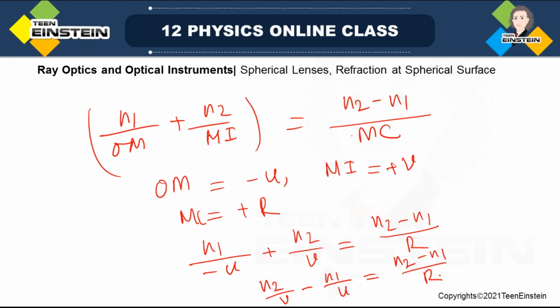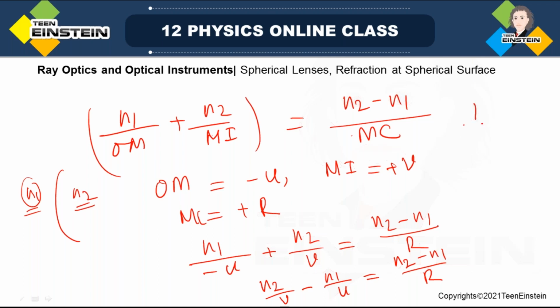In this case, you can see that this formula can be converted to our known forms. For spherical surfaces, there are two transparent media, one having refractive index N2 and the other N1. So for that case, we have got this formula.